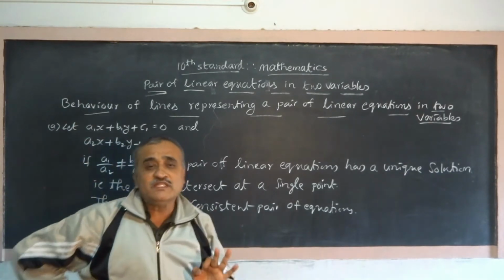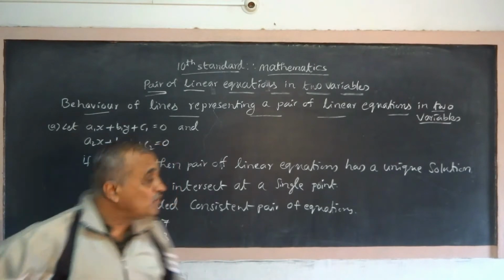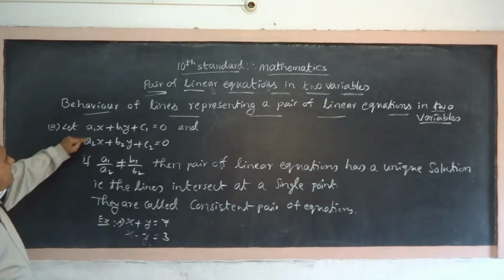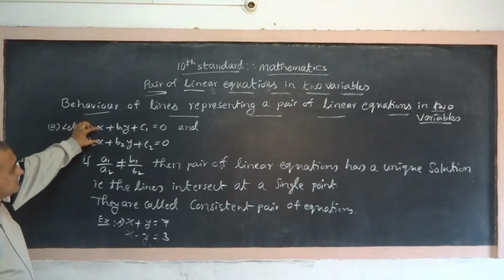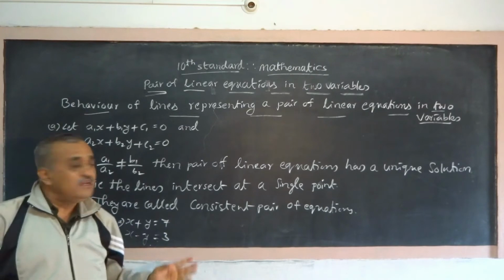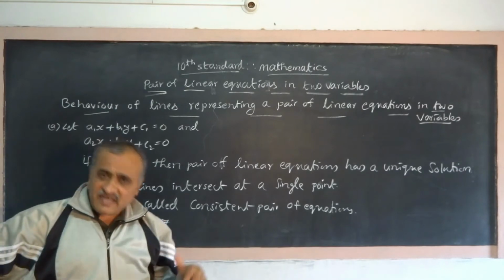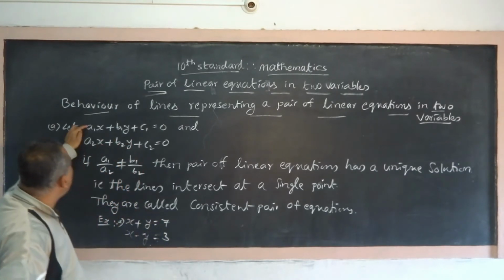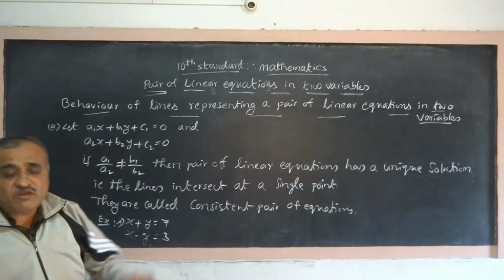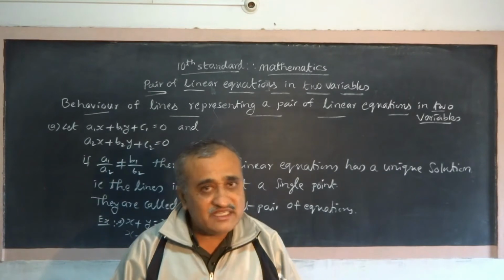Here a1 and a2 are the coefficients of x, b1 and b2 are the coefficients of y, and c1 and c2 are constants. Constants mean real numbers. Now collect the coefficients of x, the coefficients of y, as well as the constants.